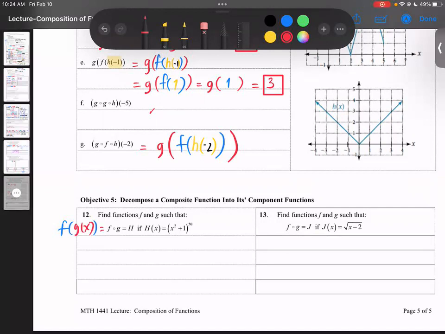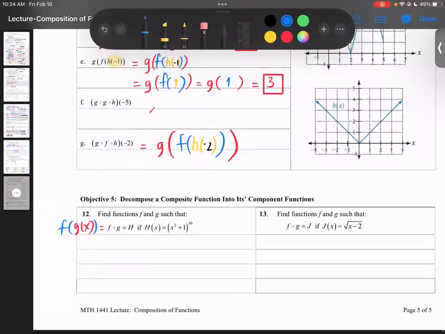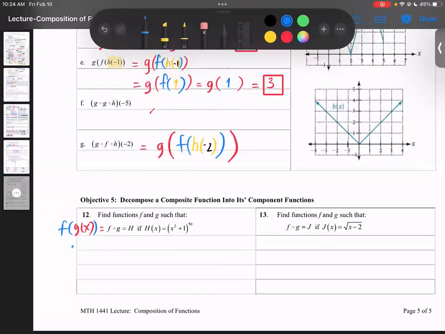When you see these kinds of problems, the easiest way is to find the outside function first. So the outside function is something to the 50, right? So blob to the 50. I'll tell you if it makes sense when you see me write it down. So I'm going to let f of x equal x to the 50, and guess what?